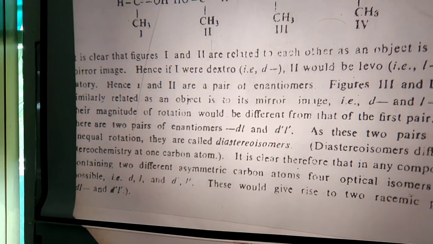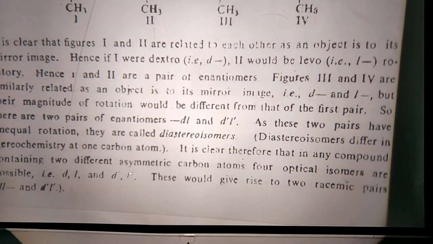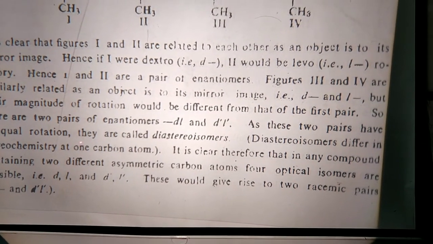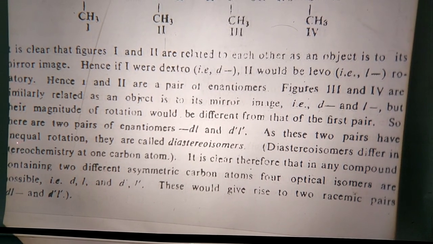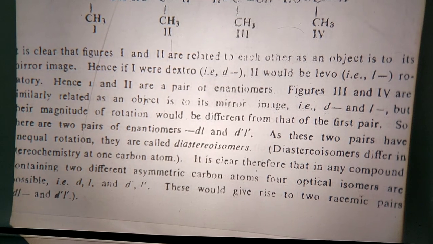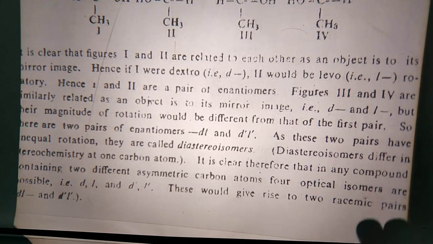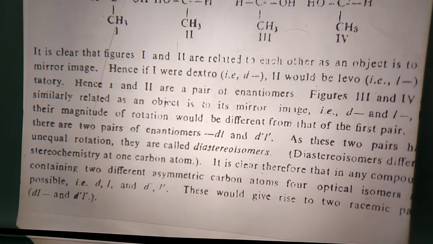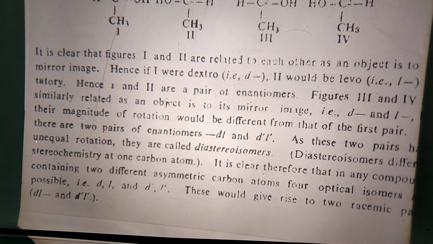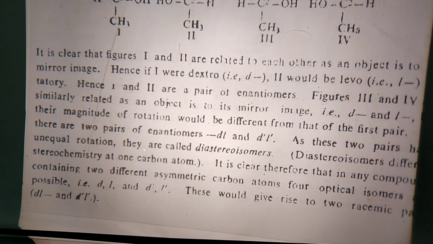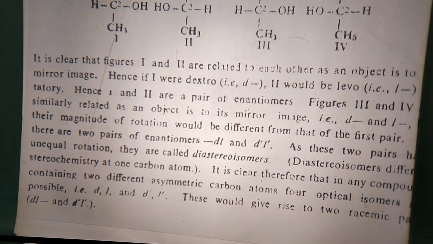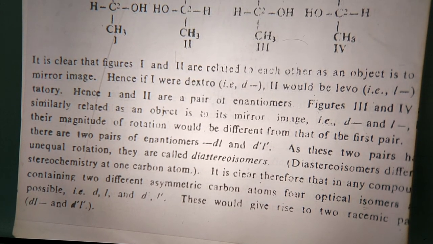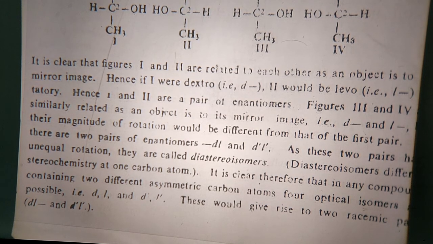As these two pairs have unequal rotation, they are called diastereoisomers. If the rotation were equal, then what would have happened?